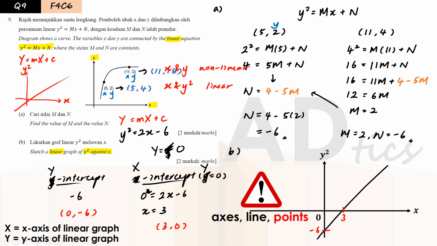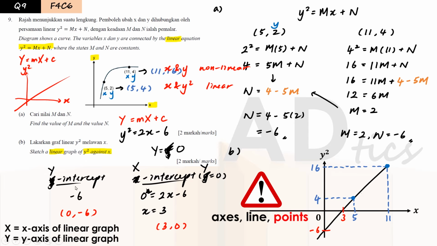And for this y coordinate here, which is 4, I need to square it, so it will become 16. Now we have found the coordinates once we adjust to the linear graph. Let's plot these 2 points onto the linear graph here. I'm going to put the x coordinate and the y coordinate of the 2 points, label them, and then plot the points.